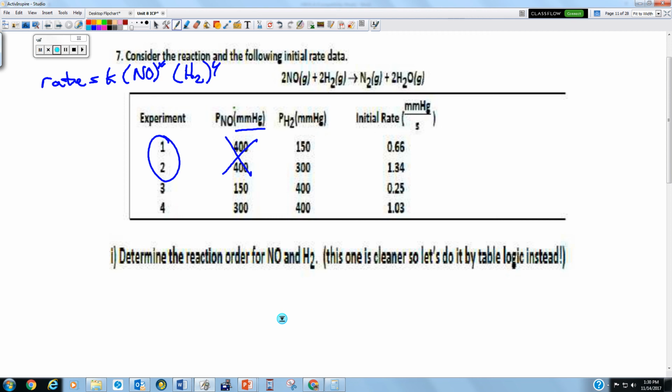So that leaves me with this to this. What is the difference from 150 to 300? 2. So that's a factor of 2 that it's going up by. What's the difference between 0.66 and 1.34? 2. All right. So 2 divided by 2 is what? 1.